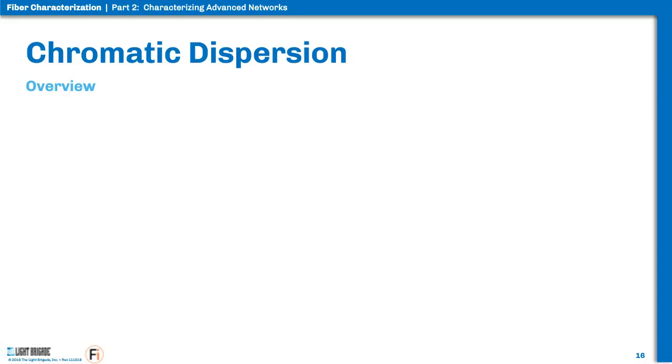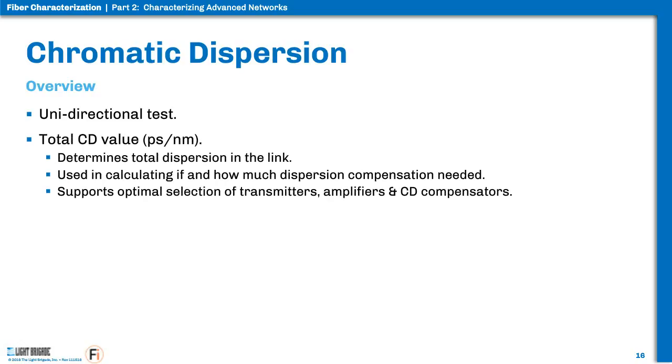Okay, just to overview chromatic dispersion. One, it's a one-directional test. Remember we were talking before about the fact that insertion loss, ORL, and OTDR are ideally bidirectional tests. Well, CD and PMD are not. They only have to be tested in one direction.